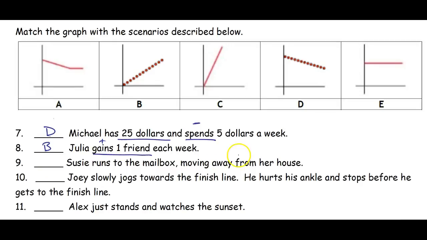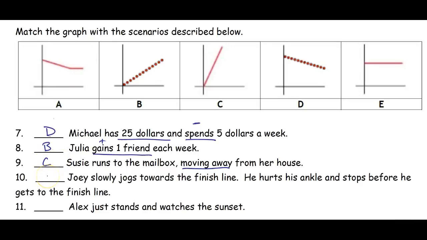Okay, C, Susie runs to the mailbox, moving away from her house. Well, she's moving away from her house, so if you're thinking about what we did the other day, she's at her mailbox, she stops, so we're looking for any kind of flat line and then moving away from the house. So it looks like A is going to be our answer there. I'm sorry.